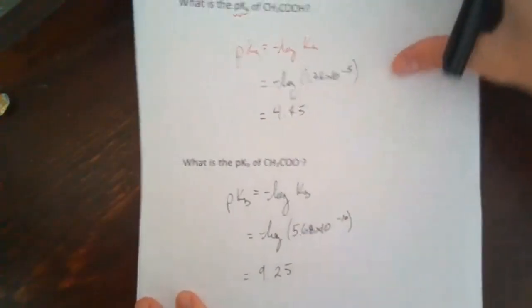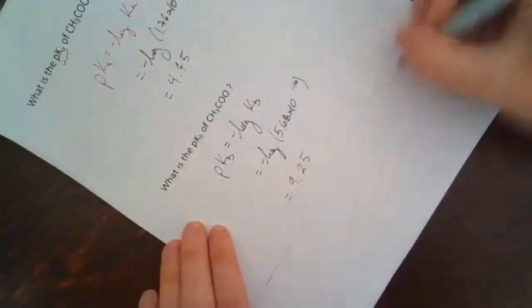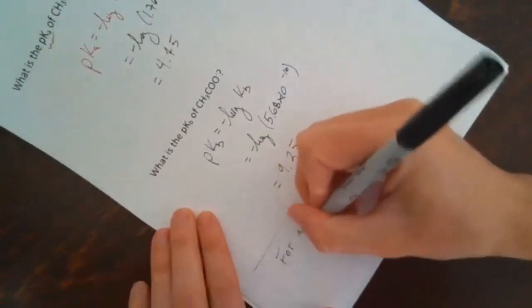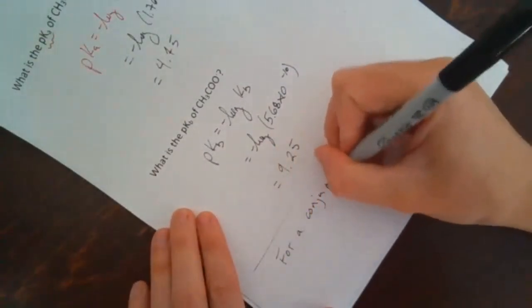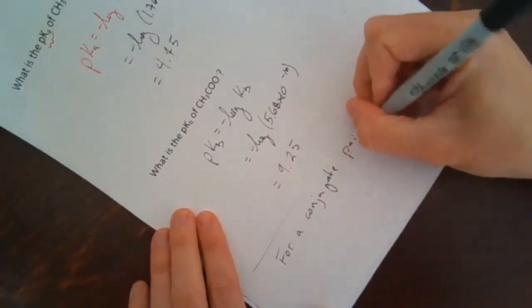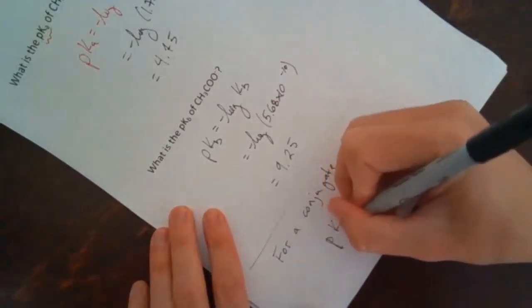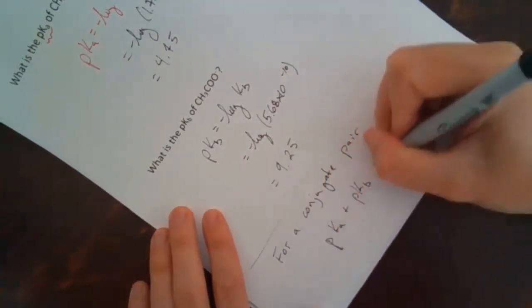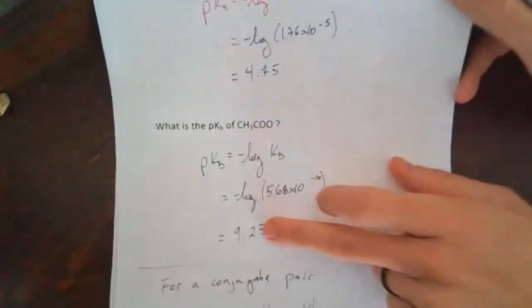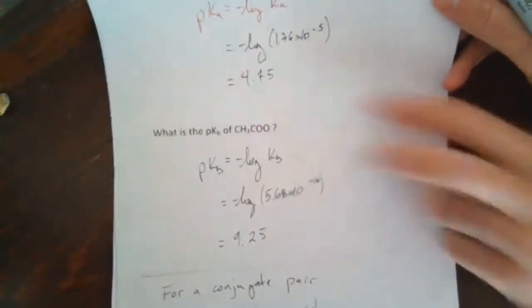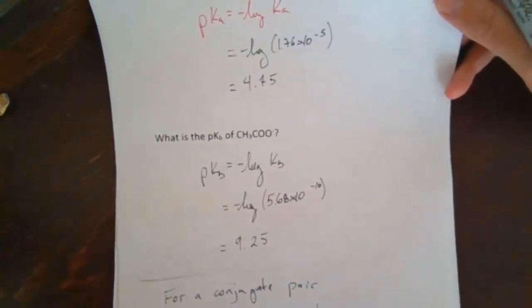One of the things you'll note if you look at these values for a conjugate pair, again, only if it's a conjugate pair, is that pKa plus pKb equals 14. So 9.25 plus 4.75 equals 14. That is not an accident.